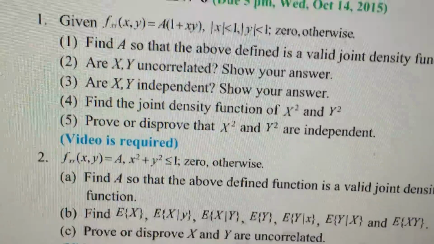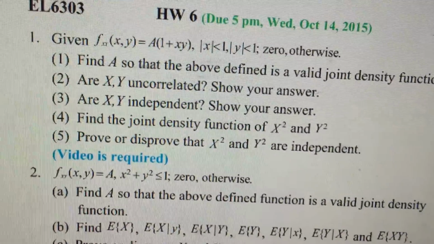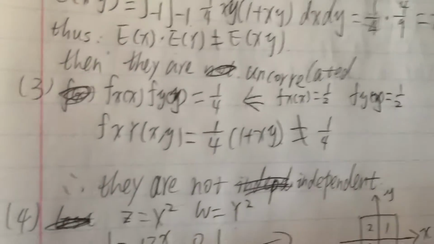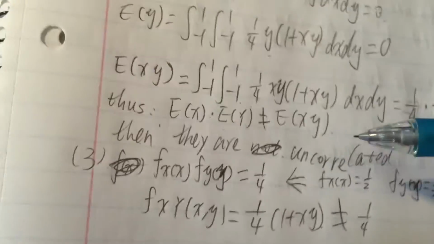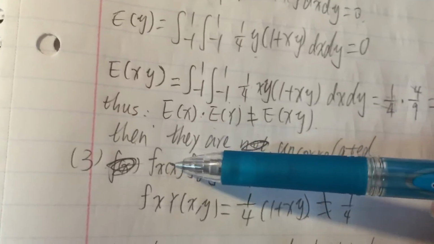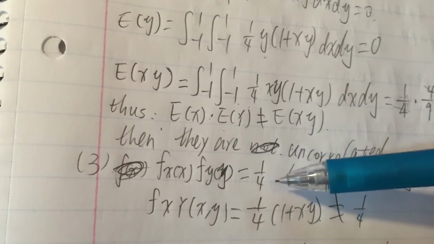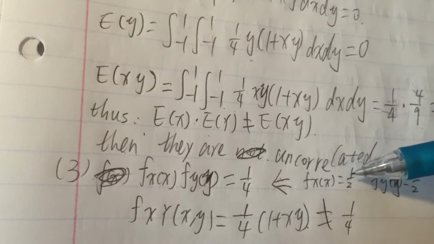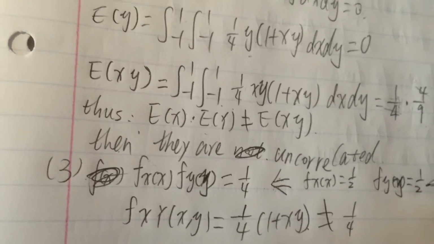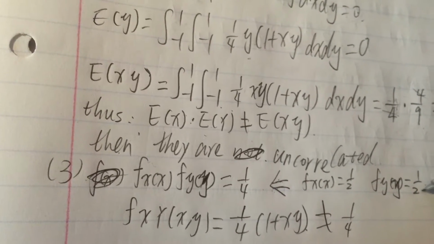For the third question, are x and y independent? This is also very simple. We know f_X(x) times f_Y(y) equals 1 over 4, because f_X(x) is 1 over 2 and f_Y(y) is 1 over 2.